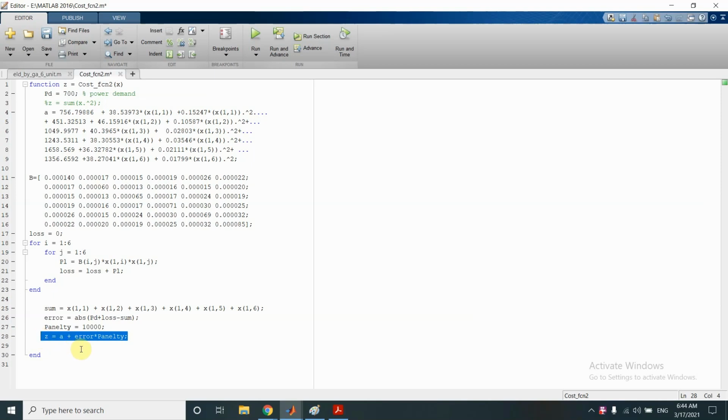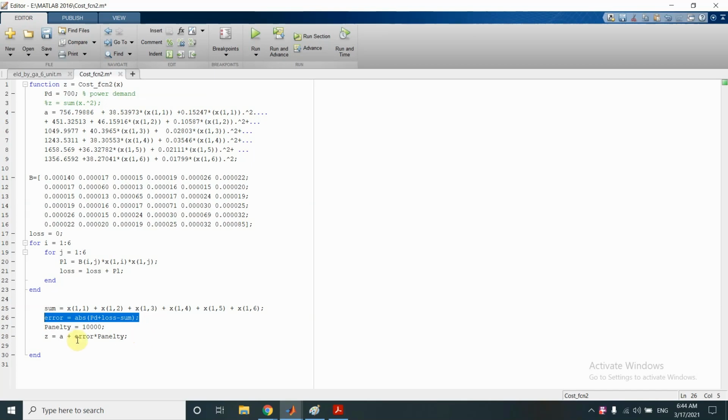This would cause the cost value to degrade, that is increase, and we want to minimize, that is decrease the cost. So those cases in which this constraint is not satisfied would automatically generate a very bad cost, and good cost would only be generated for those combinations in which the total demand plus losses is actually equal to the total generation.